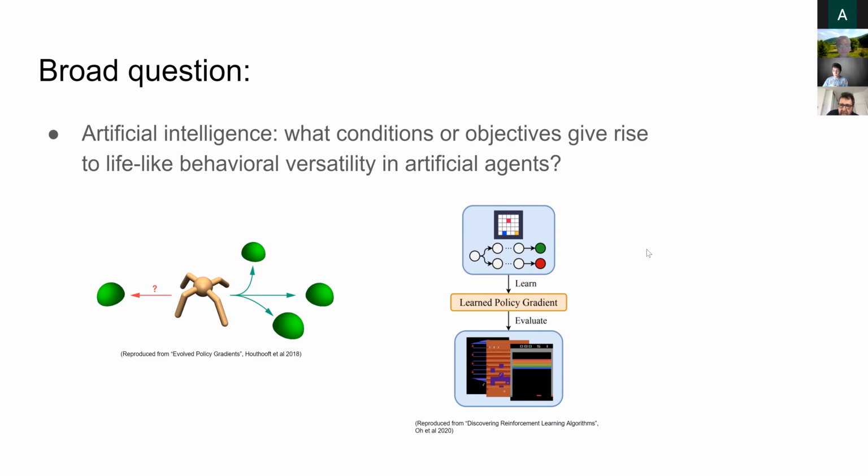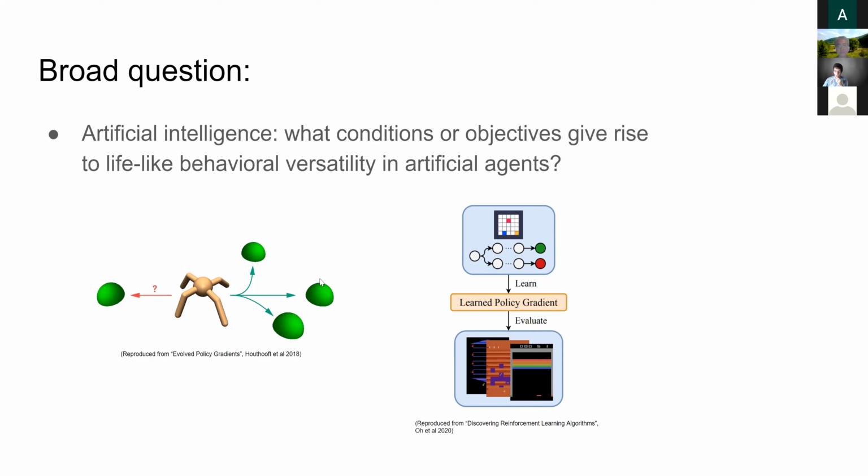Some recent approaches have included work in the Evolved Policy Gradients paper by Houthooft et al., where they showed that if you have a virtual ant and you develop a learning strategy that trains ants to go to the right, that learning strategy can also lead the ants to go to the left if you give them the appropriate rewards.